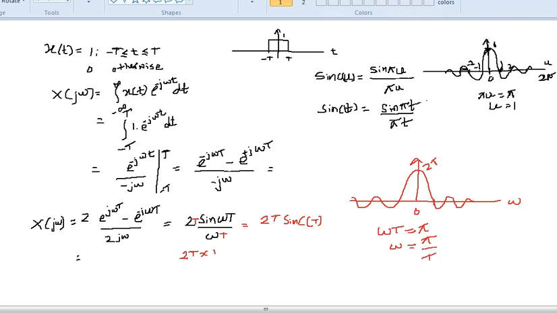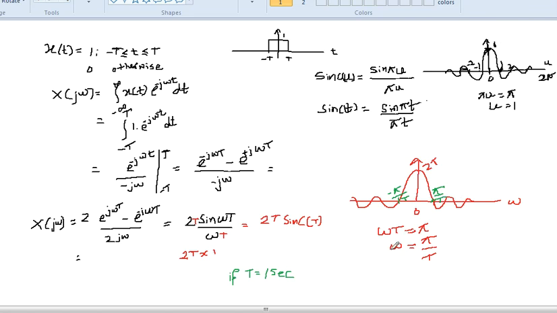This value is plus pi by capital T, similarly this value is minus pi by capital T, and the next ones would be the multiples of this. It continues.